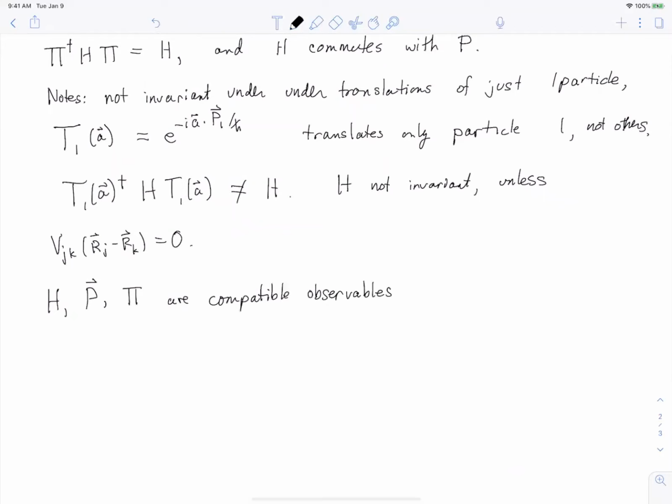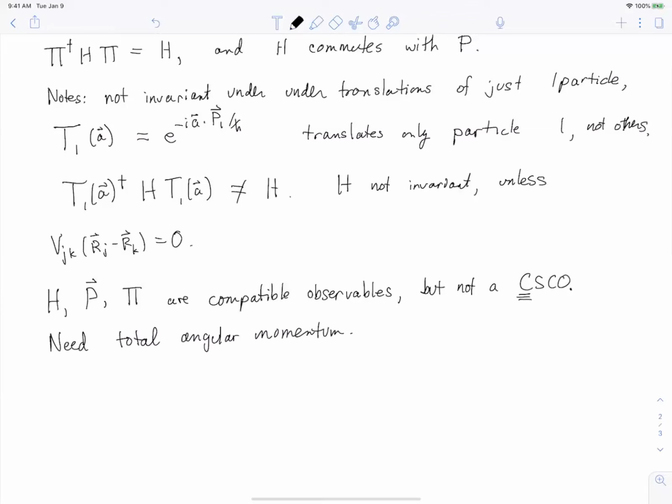But for future reference, I want to mention that they are not a CSCO. The reason they're not a CSCO is they don't have the first C. They're not complete. In order to make a CSCO, you need more operators. You need to actually include the total angular momentum operator.